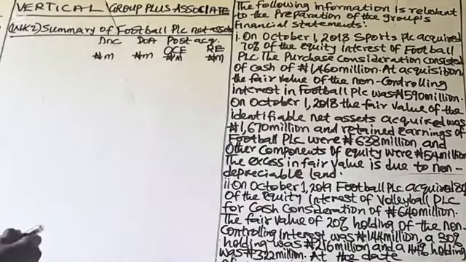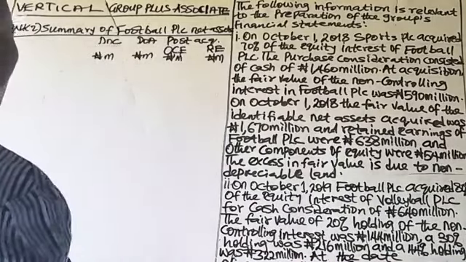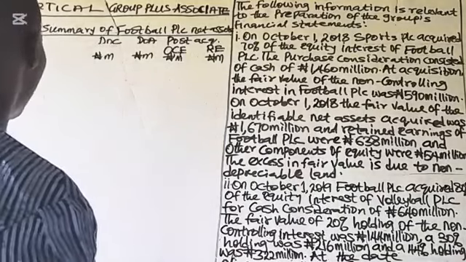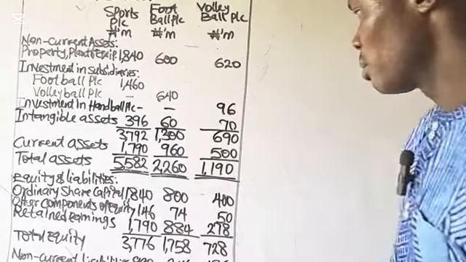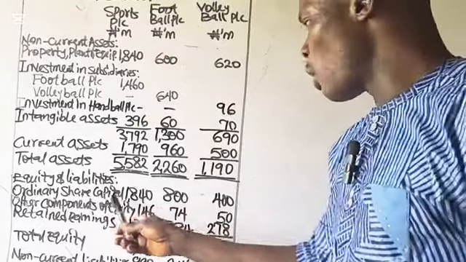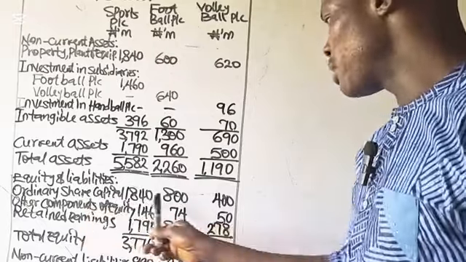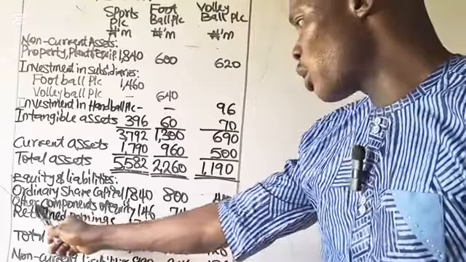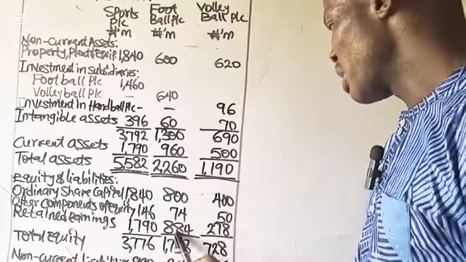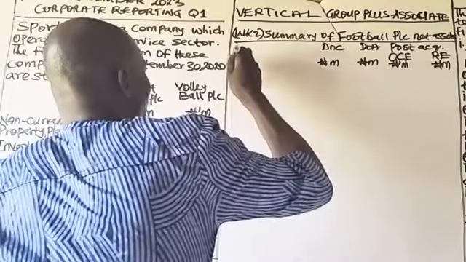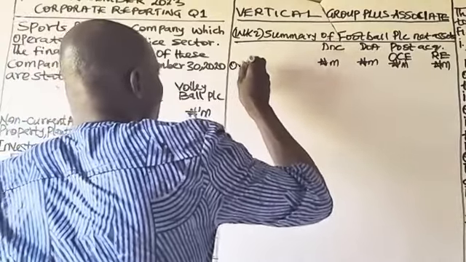Now, let's go through the equity section of the statement of financial position. This is Football PLC. The equity comprises ordinary share capital 800, other components of equity 74, retained earnings 884.